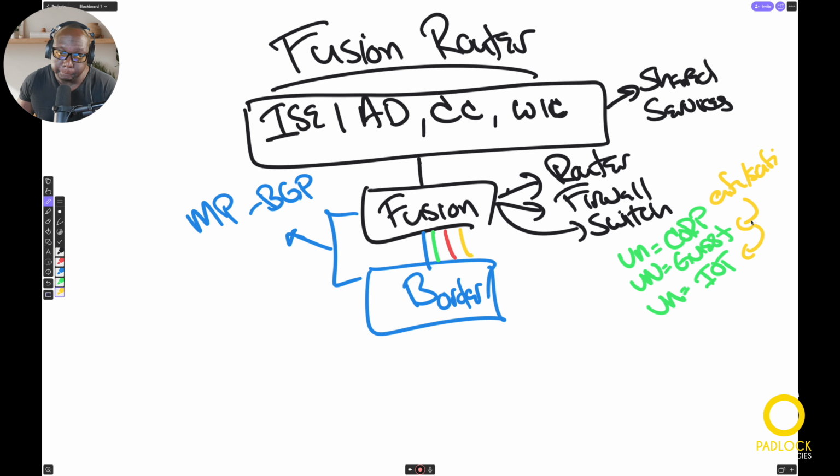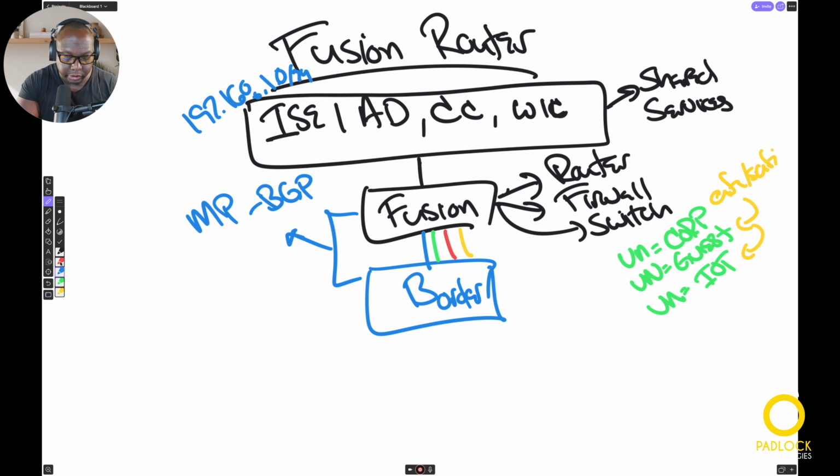What happens is the Fusion router's only job is macro segmentation. This is not micro segmentation. Micro segmentation will be within the same VN. Macro would be VN to VN. So let's say this network for shared services is 192.168.10.0/24, and you have whatever IGP behind here.